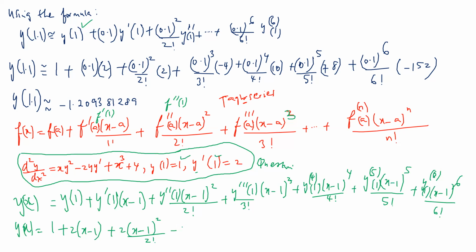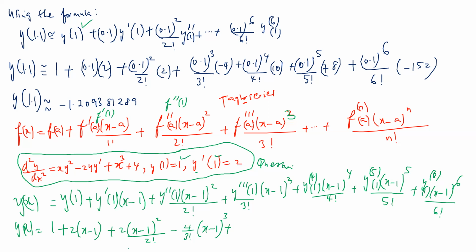What is y triple prime? Y triple prime is 4, times x minus 1 cubed. What is y fourth prime?